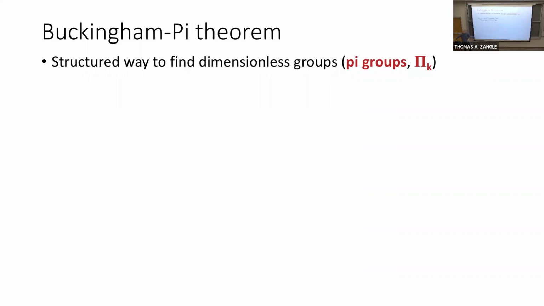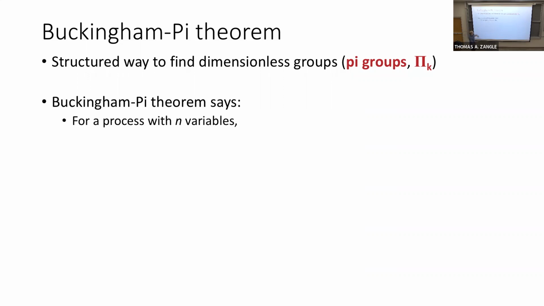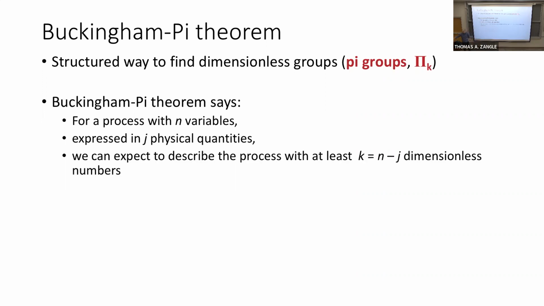And the Buckingham-Pi theorem says that if we have n variables, and they're expressed in j physical quantities, so j fundamental dimensions, mass, length, time, temperature, or some subset of those, then we're going to expect k is equal to n minus j.